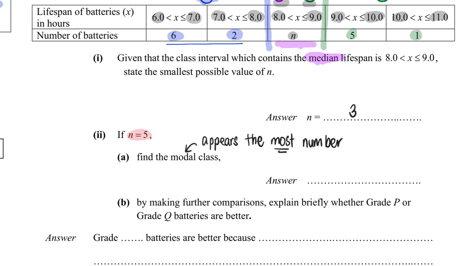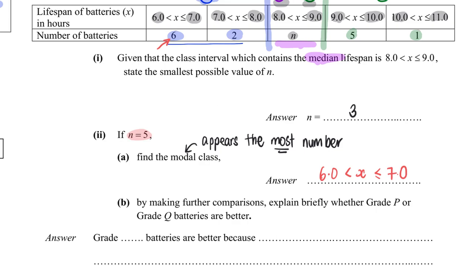So in this particular question, I could see that should n is 5, the highest number is actually 6. So therefore, the modal class we are talking about is 6.0 less than x less than or equals to 7.0.